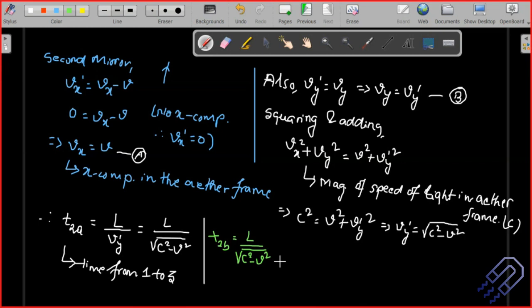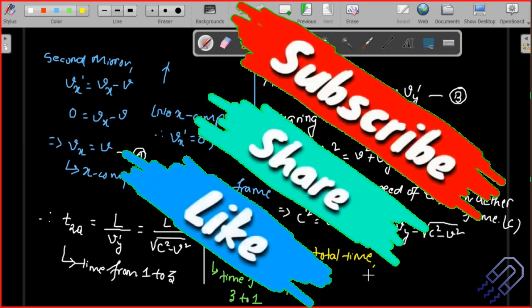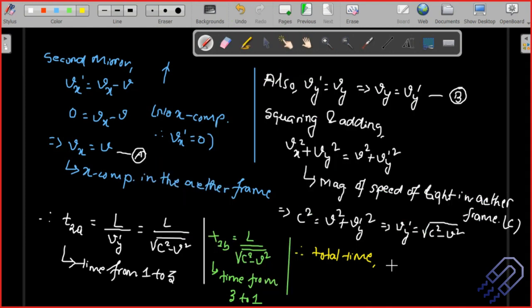Mathematically we have to check that. This is the time from 3 to 1. Now I'm going to find out the total time, maybe we can denote it like T2.